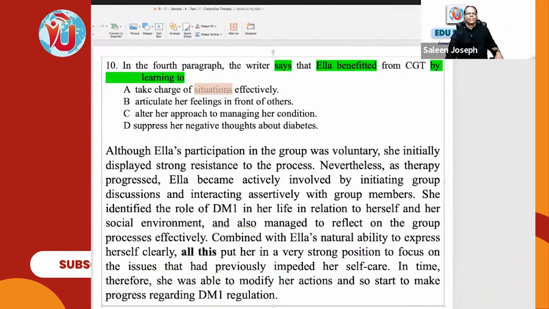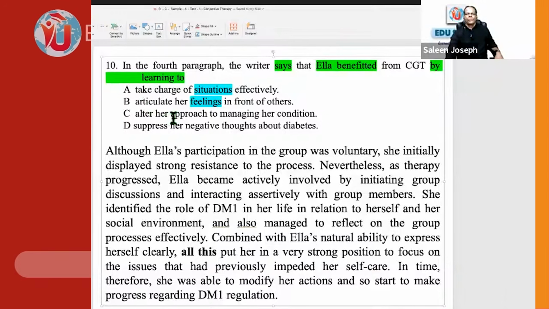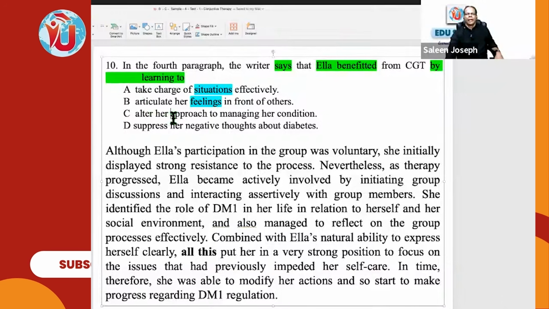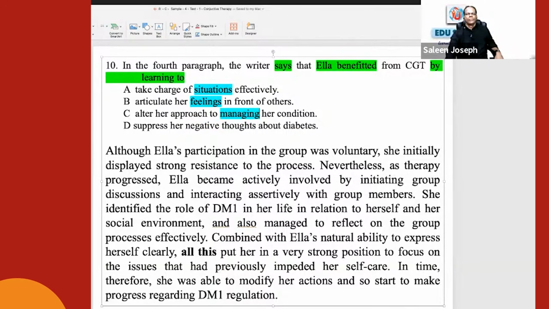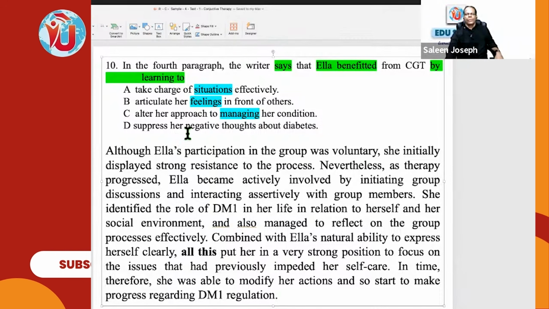Situations is important, right? Option B: feelings, articulate feelings. Option C: manage, approach, manage her condition. Managing. Then D: suppress her negative thoughts. Negative thoughts.